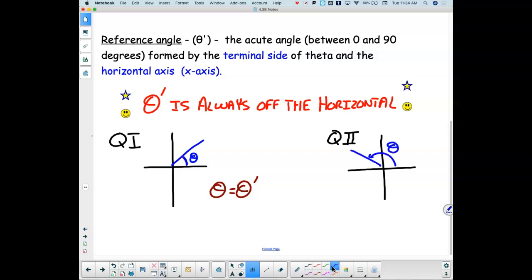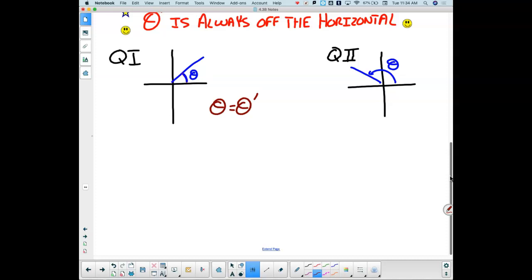Theta is now here. So theta prime, or my reference angle, is, well, I shouldn't say that.